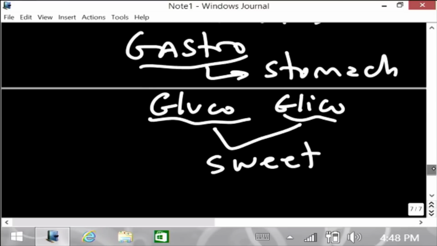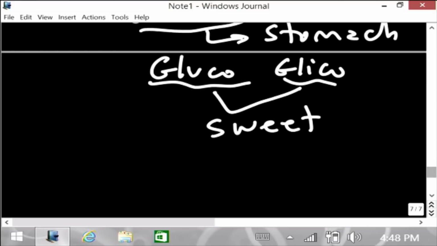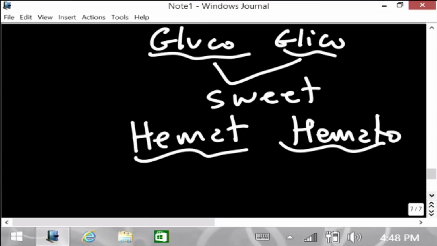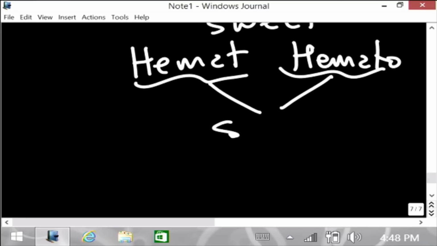Glucosa, for example, right? Has to do with reemplazante de azúcar. Hemat refers, or sometimes in Spanish we also see hemato, and in English as well, hematology, for example. Then this translates as blood, refers to blood. Okay, that's a B as in boy.